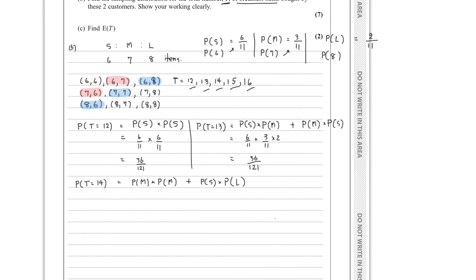Small, large, and large, small, these two cases, they will have the same set of numbers. So that means you can just multiply by 2. And then we can just put all the numbers here. 3 over 11 times itself, plus 2 times 6 over 11 times 2 over 11. And the answer is 33 over 121.